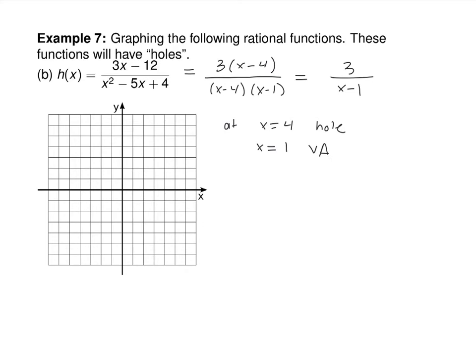So let's draw in lines at 1 and at 4. Let's put VA under that one, hole under that one, so you know what's going to happen when you draw your picture.